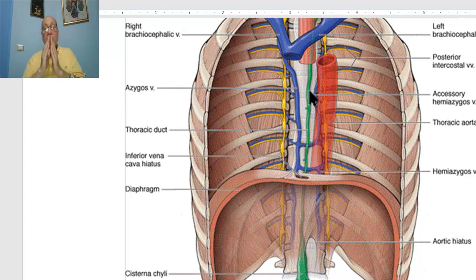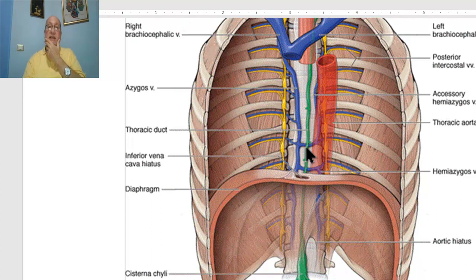Therefore, on the right side, mainly esophagus. After the esophagus crosses in front of the aorta, the lower part of the aorta comes in relation on the right side to the azygous vein and separated from the azygous vein by thoracic duct.